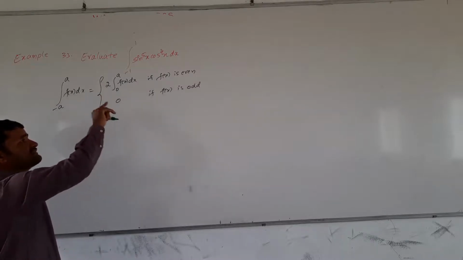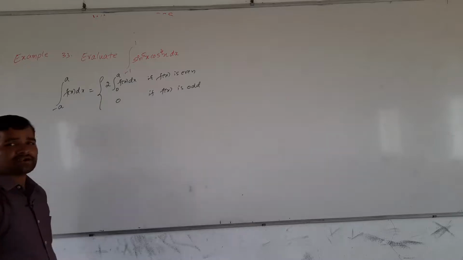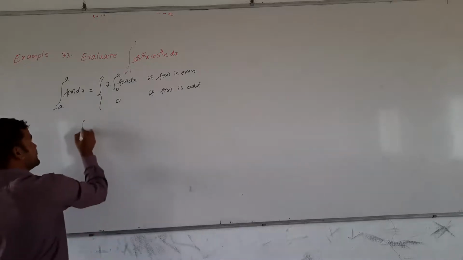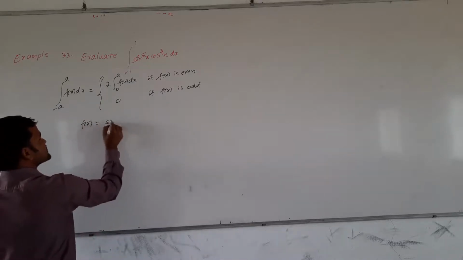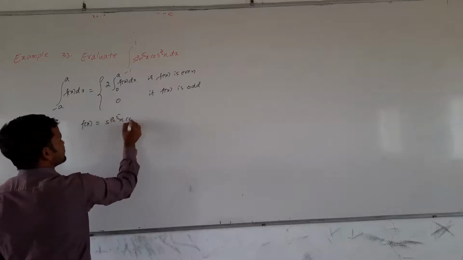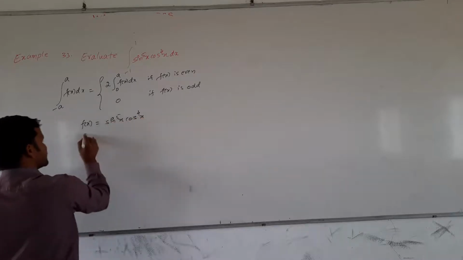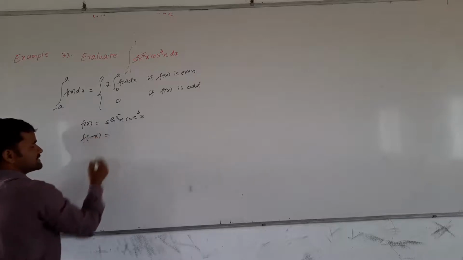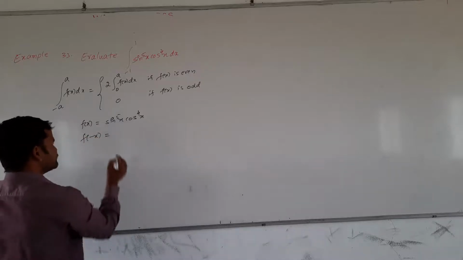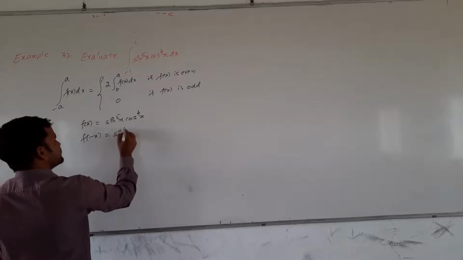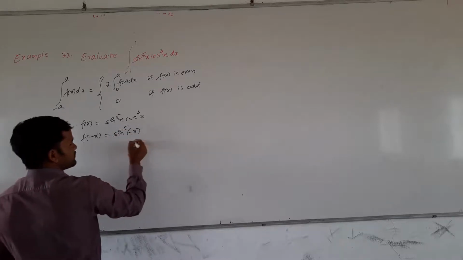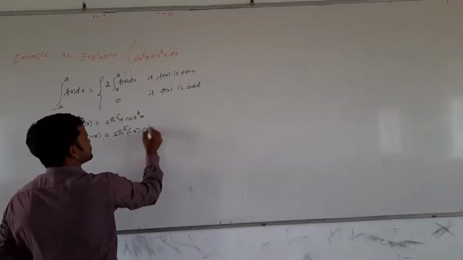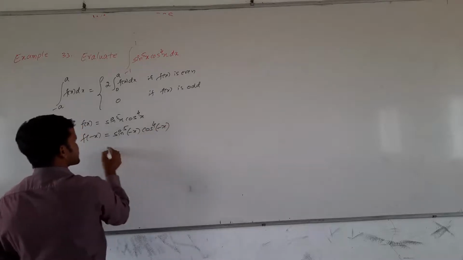Let me check whether the given function f(x) is an even or odd function. Here f(x) is sin^5 x cos^4 x. Let me change x to minus x. f(minus x) is equal to sin^5 of minus x into cos^4 of minus x.